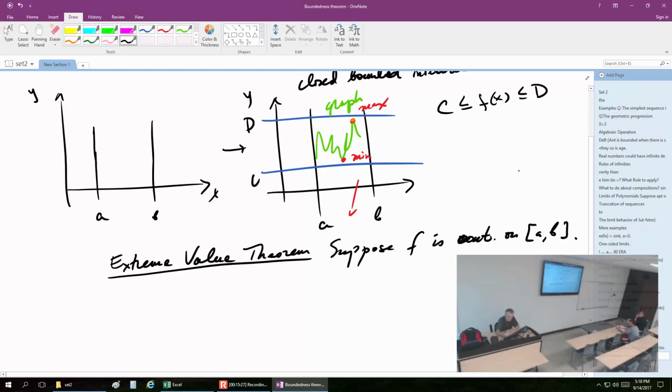Just an example when it does not work out. Look at this. Suppose this is 1 and this is 2. What's the highest value of the function? Not the point, the value of the function.